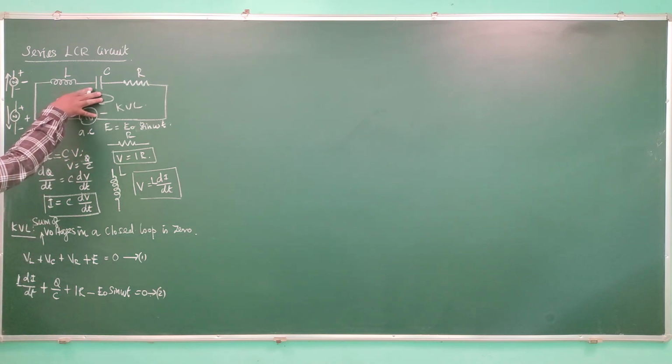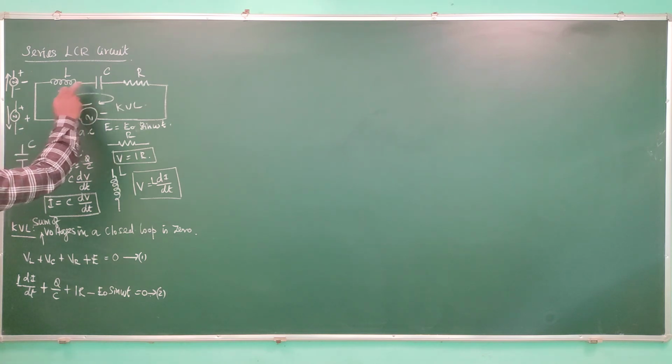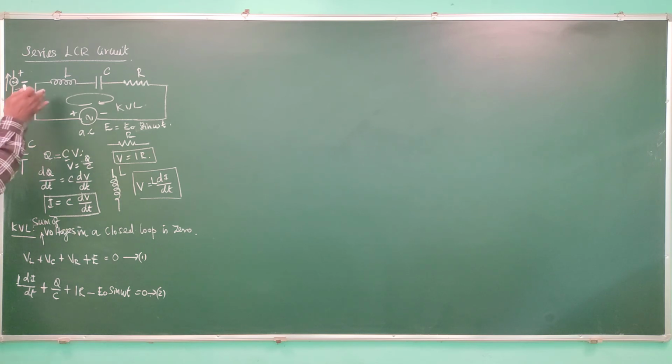In this circuit we have two energy storage elements, capacitor and inductor. So in that case you have to write this as a second order differential equation. How to make this a second order differential equation?